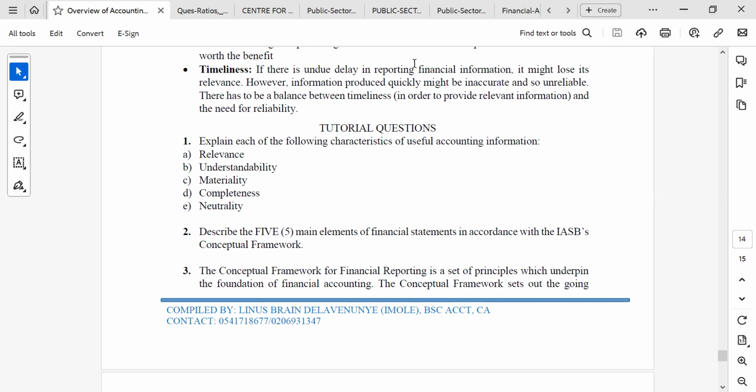All right. So let's come to the issue of completeness. What do you mean by completeness?